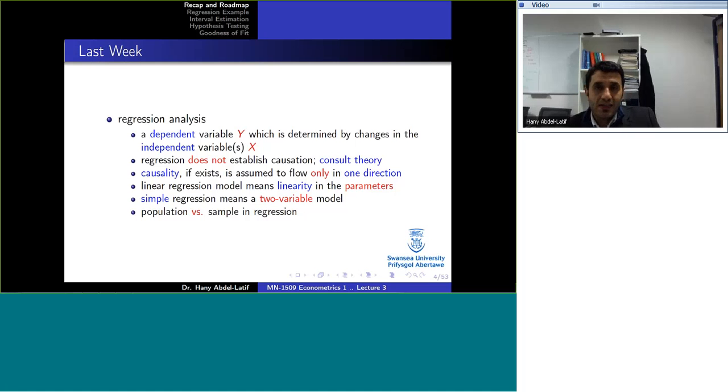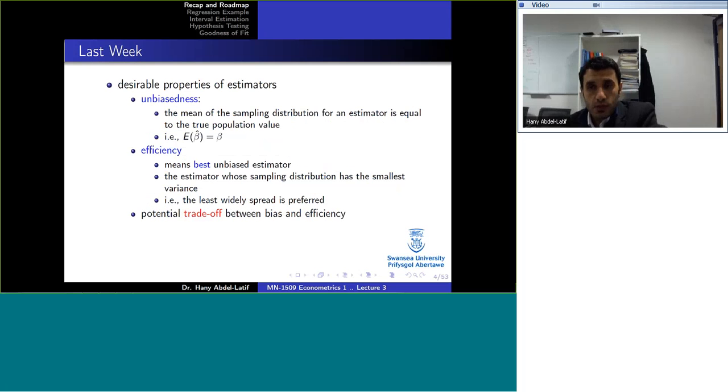So using a sample, if that sample is a good representative of the population, then whatever conclusion we make based on the sample, we can make some inference about the population from which this sample is drawn. So that's what we covered.